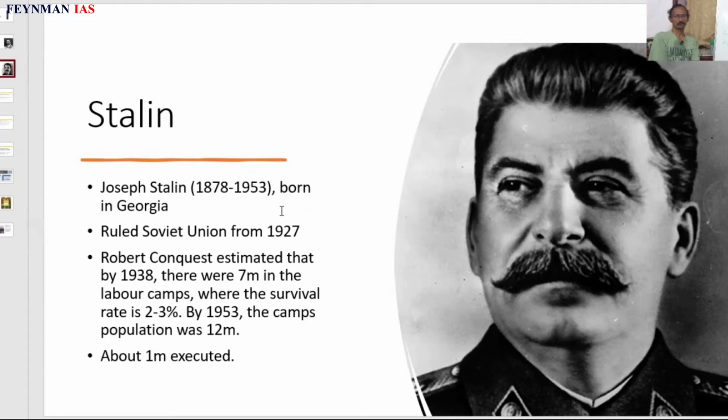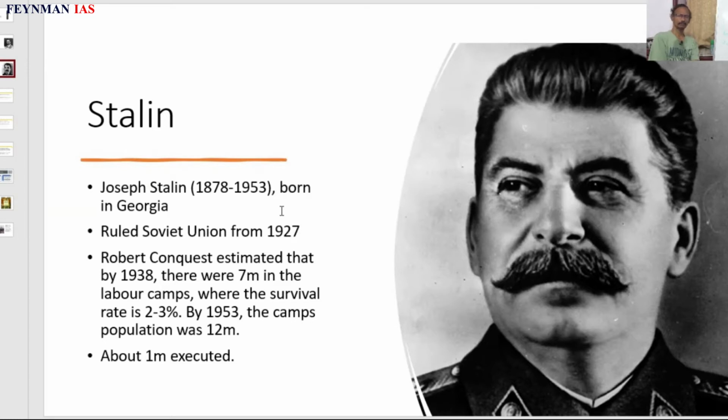Robert Conquest estimated that by 1938, there were 7 million Russians in the labor camps, where the survival rate is 2 to 3%. So going to the labor camp means near certain death. And by 1953, the camp population was 12 million. That was by the time he died.